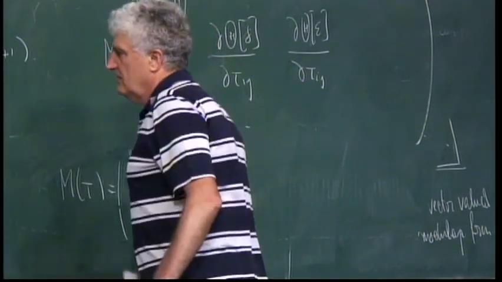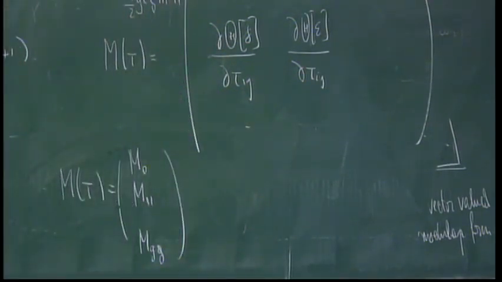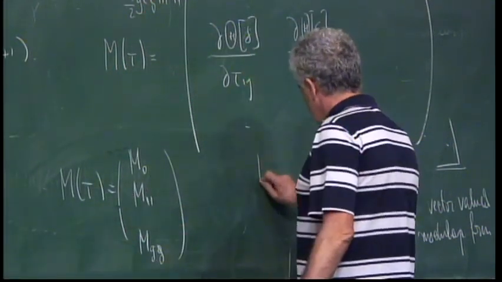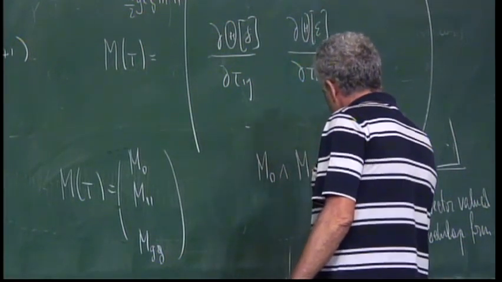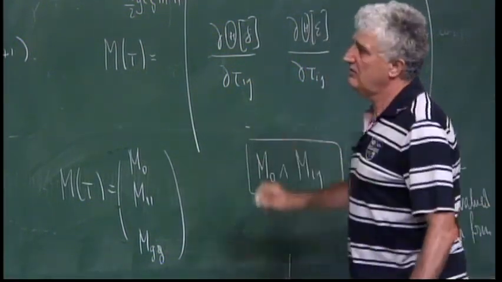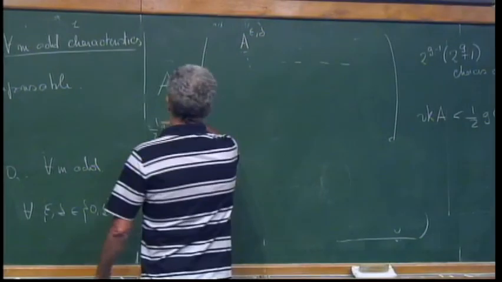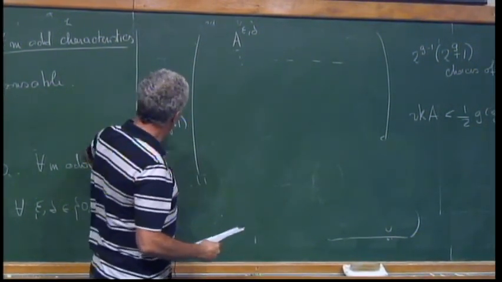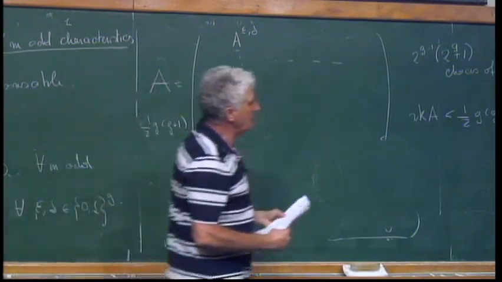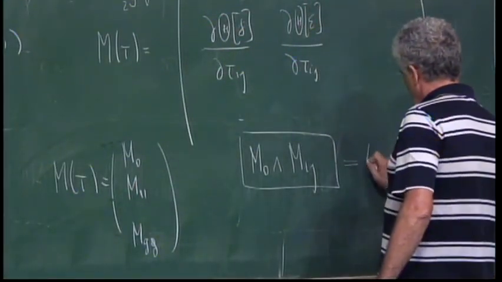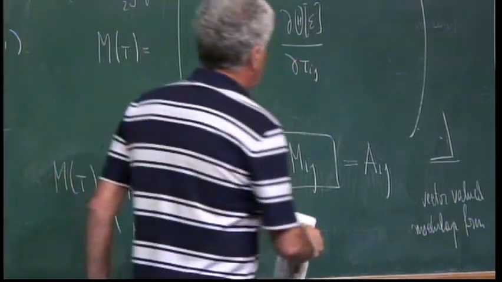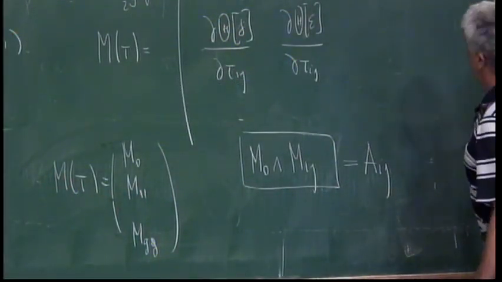So now you can easily see that if you consider, let's say, M0 wedge Mij, I can consider the indices along the line as I and J, and this is exactly this line. But this is multilinear algebra.